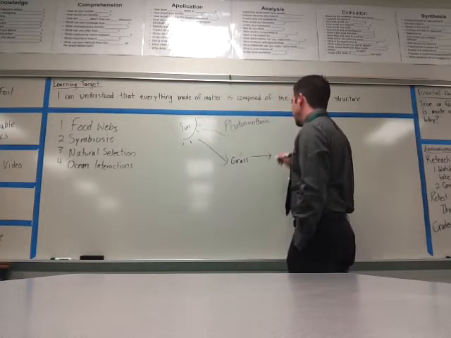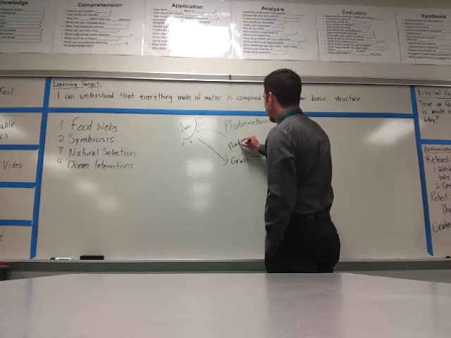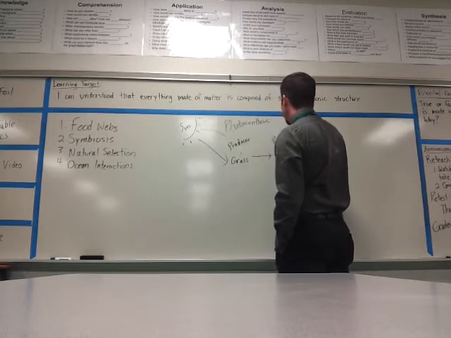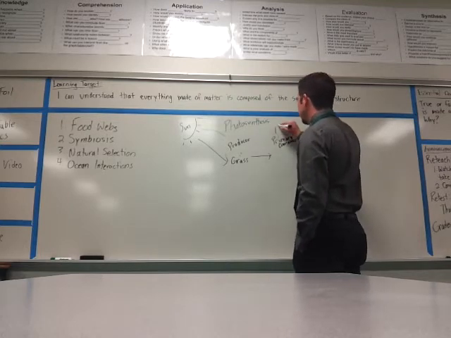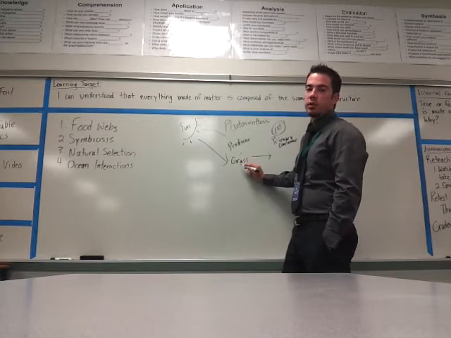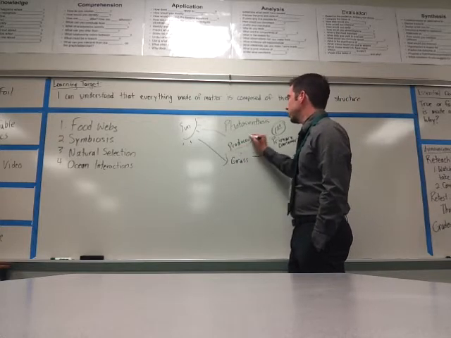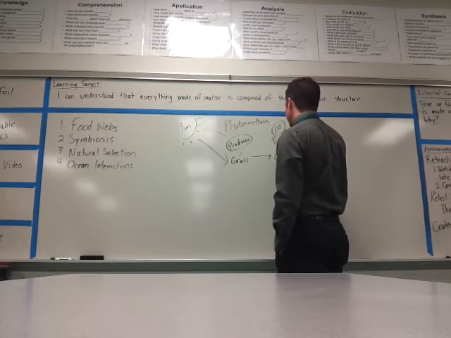From there, we have a primary consumer of some sort. So this is our producer. Primary consumer. Why is it called a primary consumer? Because it's the first consumer in a food web. This is not a consumer. Grass is a producer. So our primary consumer could be, for example, a grasshopper.